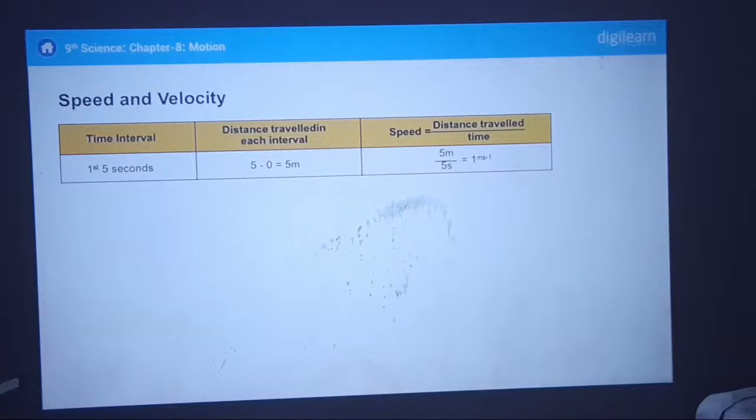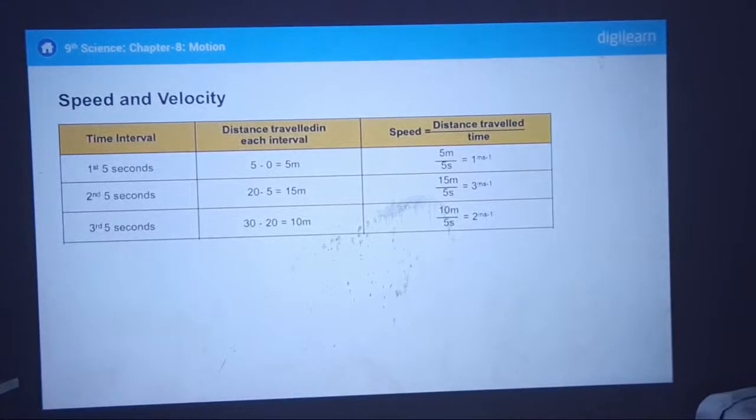Speed is equal to distance travelled by time taken, that is 5 meters divided by 5 seconds, that equals 1 meter per second. Second 5 seconds, distance travelled, 20 minus 5, that equals 15 meters. Speed, 15 meters divided by 5 seconds, that equals 3 meters per second.